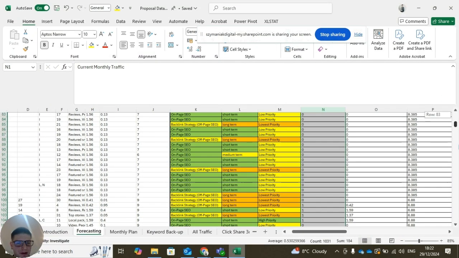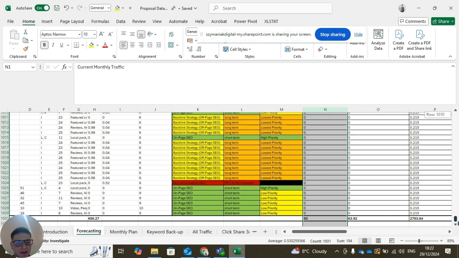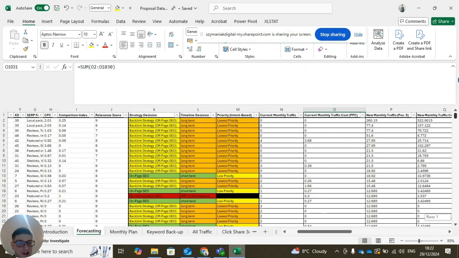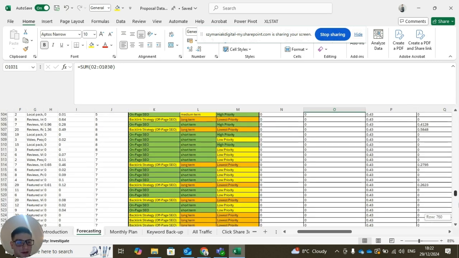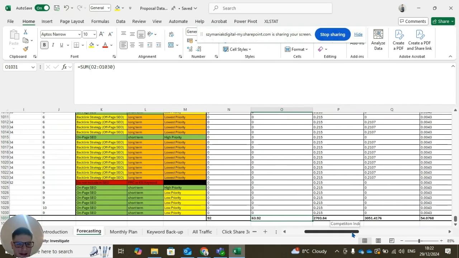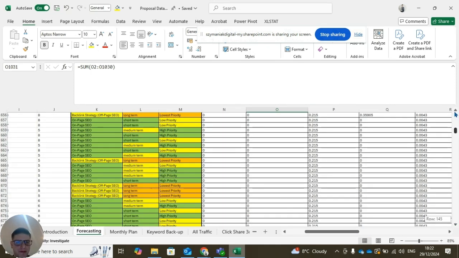So currently, a couple months ago now, they were getting 92 clicks on average per month from SEO. This traffic costs around, it's minimal traffic, £63 on average per month.